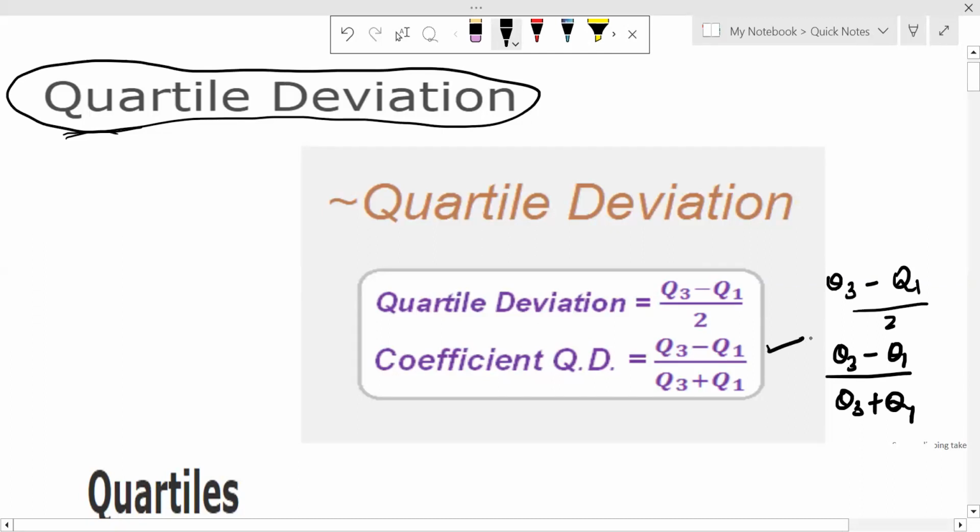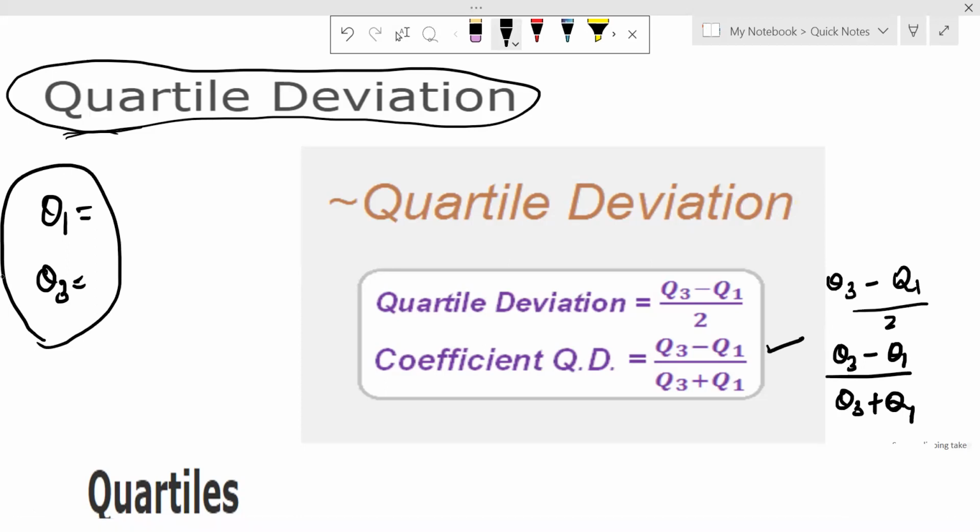So what calculations are necessary for quartile deviation and the coefficient of quartile deviation? We just need to calculate Q1 and Q3. In our present paper, we need to calculate the quartile deviation and coefficient of quartile deviation, and for this problem we need to compute Q1 and Q3.